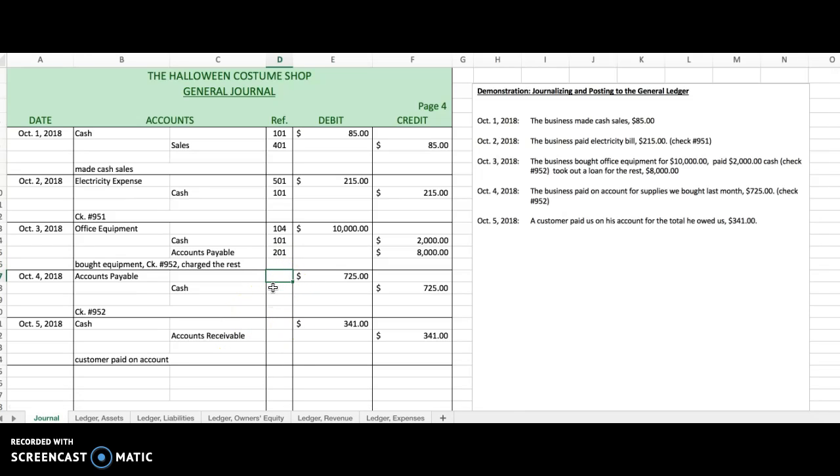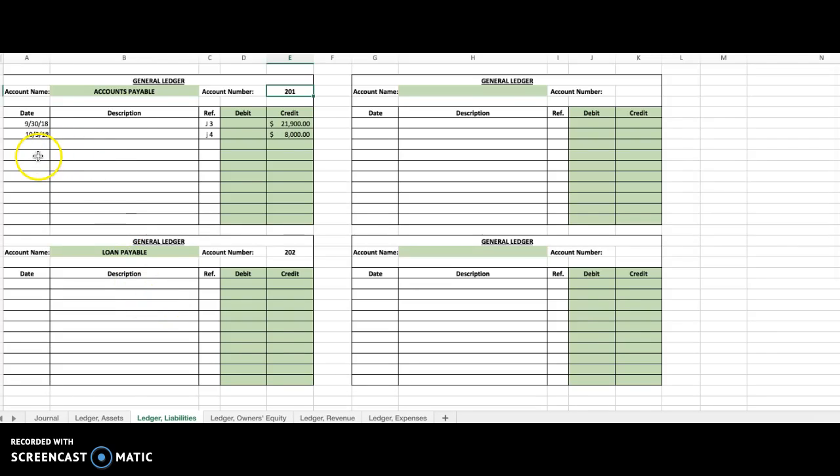And two more quick ones. This time on October 4th, we paid a bill. We paid at least part of a bill. So accounts payable goes down. So if we look at accounts payable back in our liabilities here, accounts payable has to decrease.